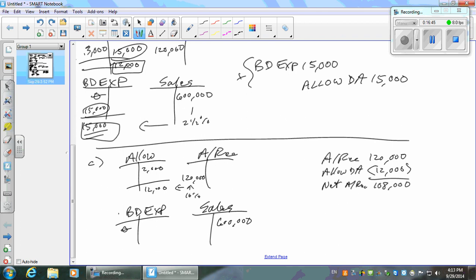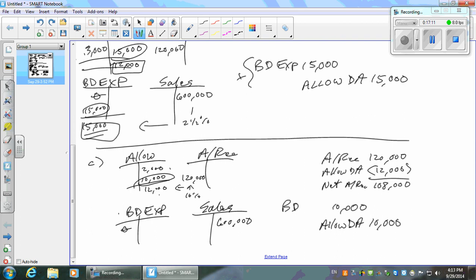Okay? All right. So if I want this to be 12 in the allowance, and it is now 2, can anybody tell me what to do? How about crediting it for 10? That's all there is to it. So the journal entry is going to be credit the allowance for doubtful accounts. Always the same accounts, right, guys? Just different dollar amounts. And what am I going to be forced to debit for 10,000?